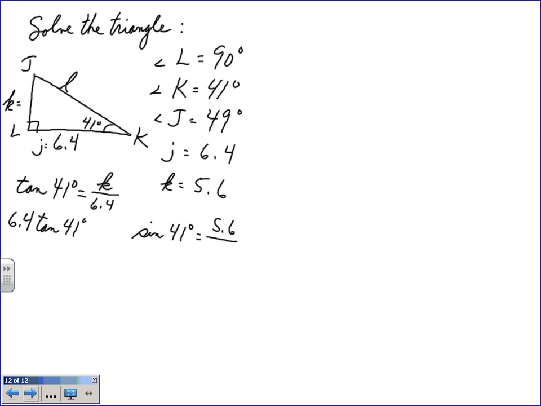Opposite over hypotenuse, and that's what we're looking for, side L. And we do the math. Multiply both sides by L. I will get L times sine of 41 degrees is equal to 5.6. And I divide both sides by sine of 41 degrees. All right, if you put that in your calculator for me.